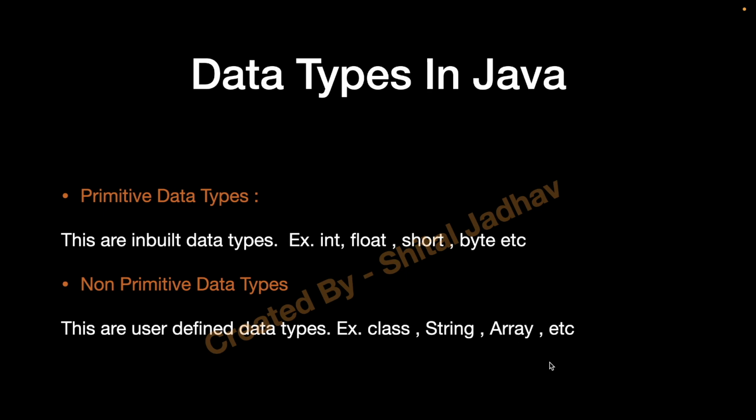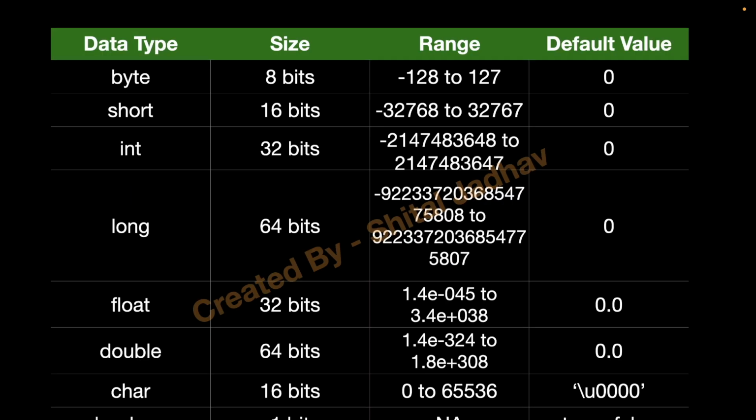In today's video we will talk about the primitive data types, and about the non-primitive data types we will talk in some other sessions. See here, we have these primitive data types: byte, short, int, long, float, double, character and boolean.